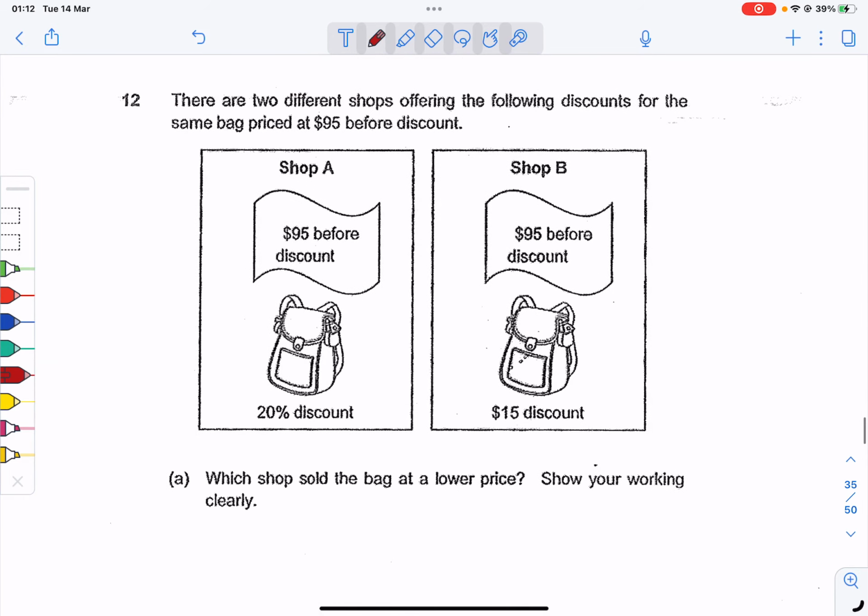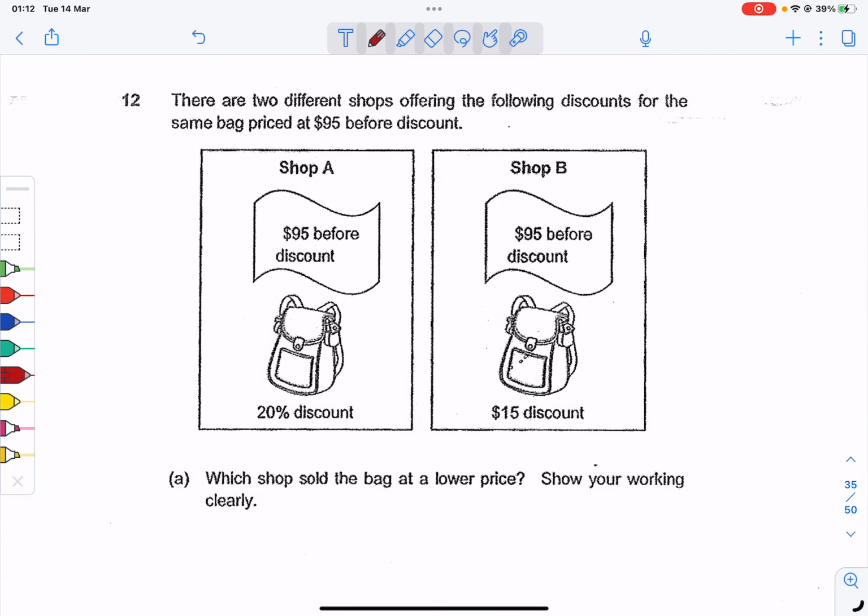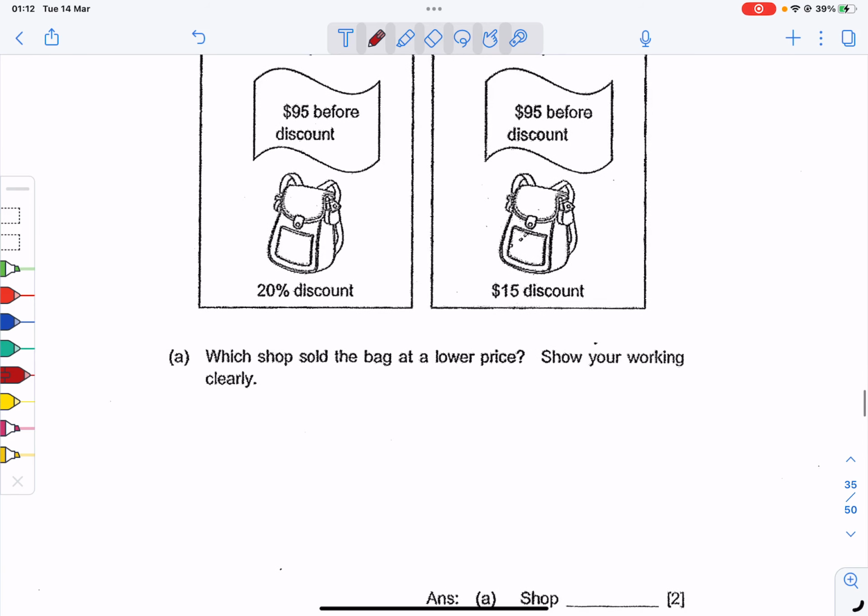Okay, question 12. There are two different shops offering the following discount for the same bag, both priced at $95 before discount. So shop A will give 20% discount, shop B will give $15 discount. Which shop sold the bag at a lower price? Okay, show your workings clearly.